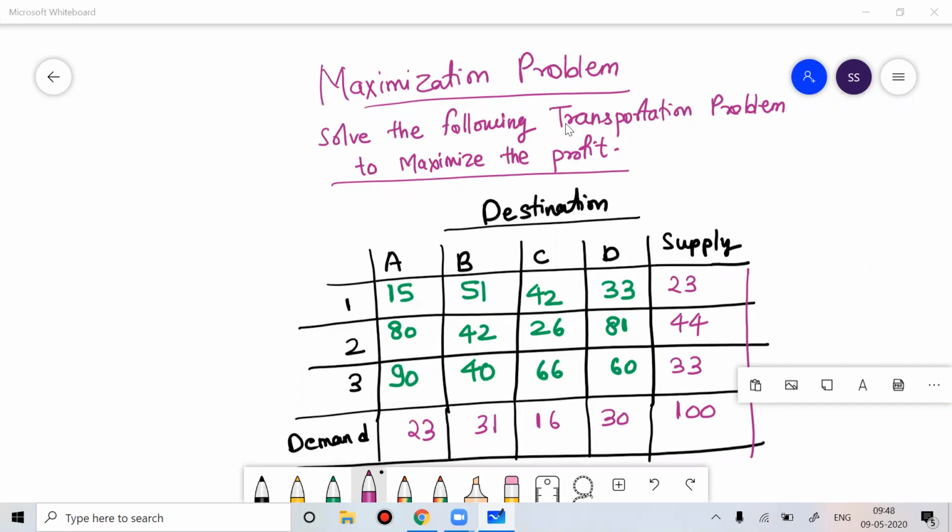That method is called the MODI method, or modified distribution method, or UV method, where for every row and column we assign U and V values. Out of the U and V values we assign, we make one value equal to 0, and then we give preference to the occupied cells and apply the formula Cij is equal to Ui plus Vj.